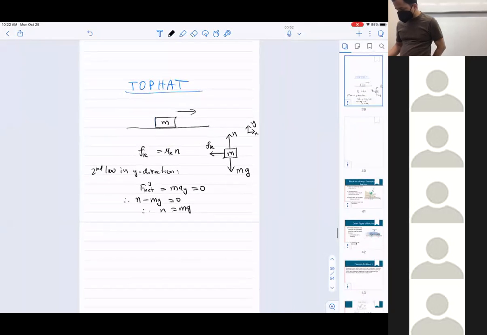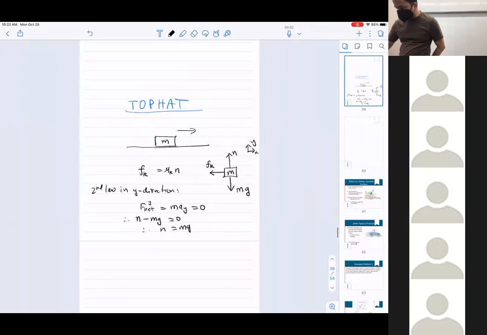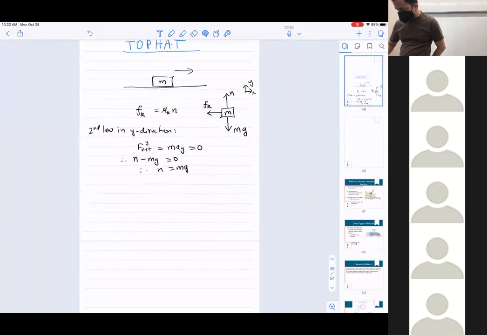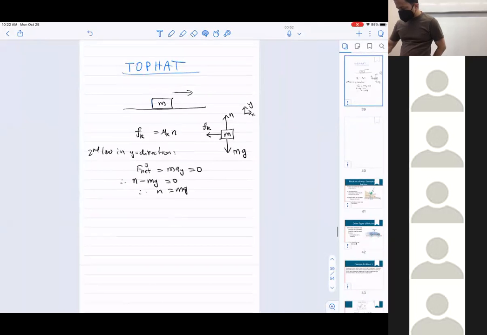And so now I can write that the force of kinetic friction is the coefficient of kinetic friction times mg, just because I can now use this result in here. Now that I know what the normal force is, it's just equal to the weight.